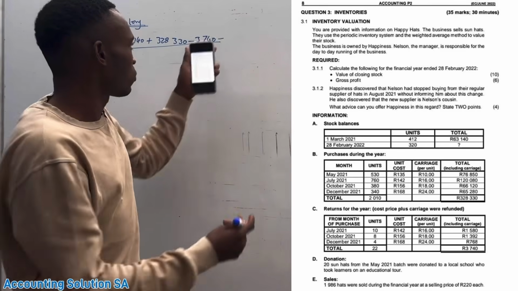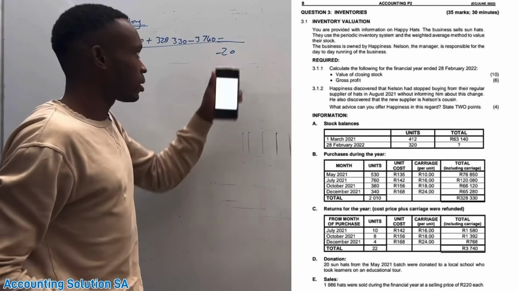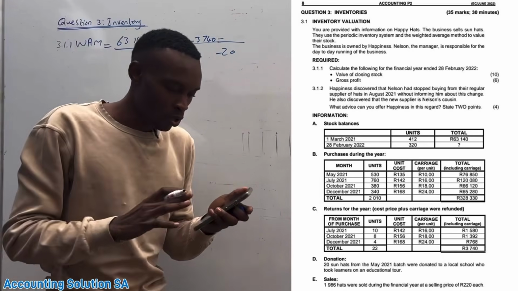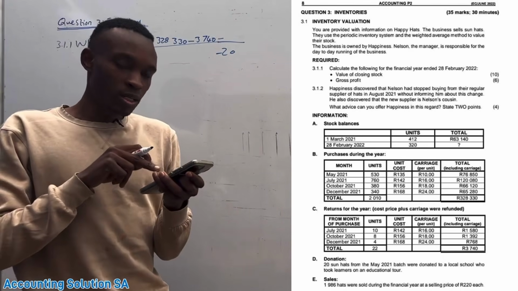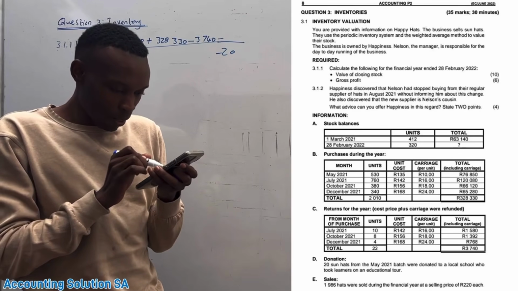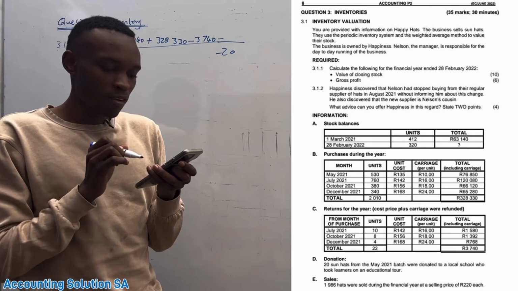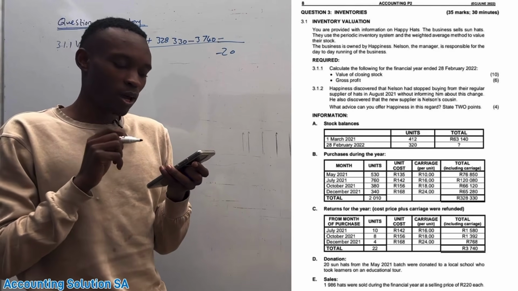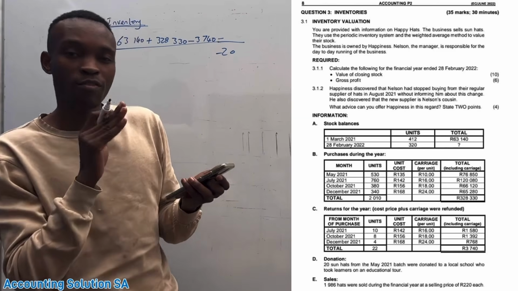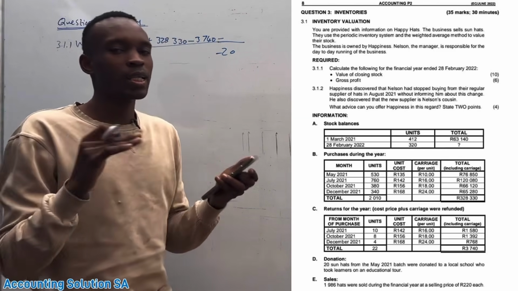This is not a value. 20, we are going to write it here when we divide. But here we want a total value. So this 20 is from the May batch. So let's go to the May batch and check the price. May, it was costing 135 plus 10 rand of carriage, which means that it was 145 in total because there was a carriage. Carriage is like a transport cost.